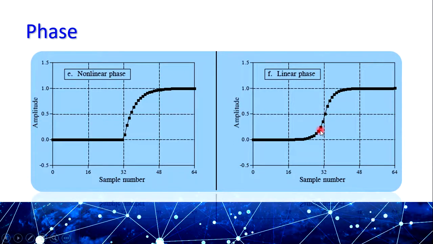While if we talk about linear phase and we draw tangents over the two changes on the right side, it will have the same phase in both cases. The first one is non-linear phase, it will have poor performance, while the second case has linear phase, it will have better performance than this one.